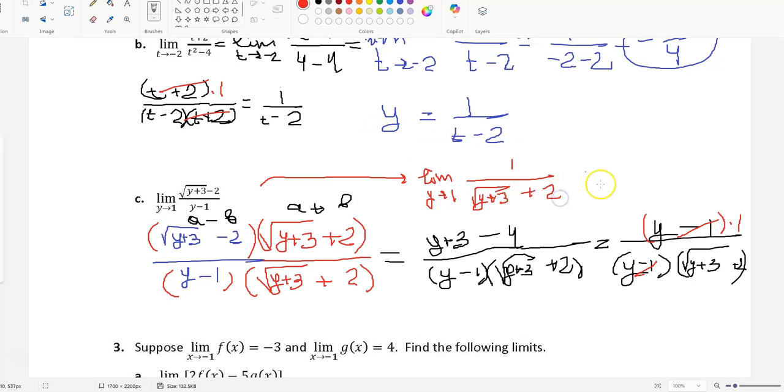And now we can plug in 1 and calculate the value: 1 over square root of 1 plus 3 plus 2. This technique we call multiplying by the conjugate, based on the formula a minus b quantity times a plus b quantity will be equal to a squared minus b squared. So what is 1 plus 3? 4. Square root of 4 is 2 here. 2 and 2 plus 2 is 4. So you get 1/4.